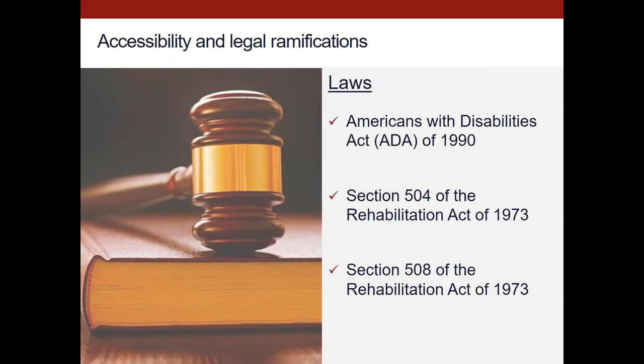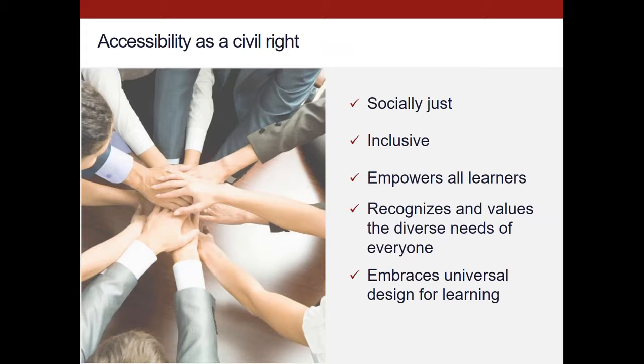Great, thank you. So we can look at accessibility through the lens of legal compliance, and we need to do that. But Erin and I also like to consider accessibility as a civil right. When we approach accessibility as a civil right, we found that resistance to accessibility and to the change that has to happen within the culture of an organization goes down, and people start asking questions like, how can we make sure that all individuals have full access to an education that's empowering and transformative?